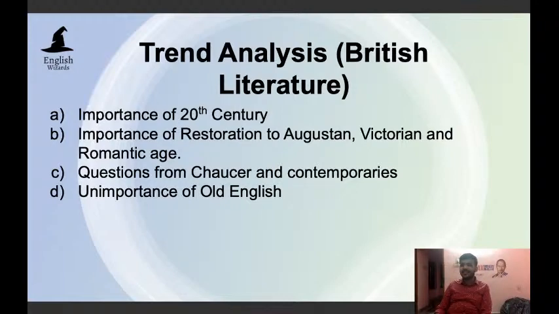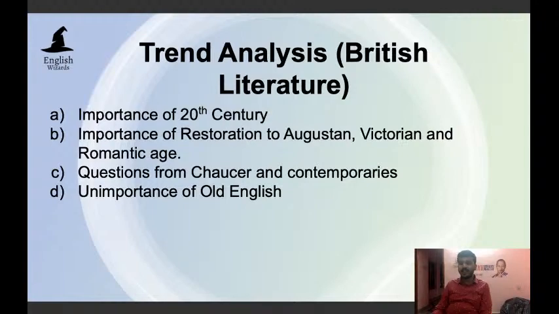Just know these names: Dunbar, Langland, Gower, and this question you have answered. The other person who is not Dunbar, Langland, or Gower is the person who is not a contemporary of Chaucer. As simple as that. These are questions you cannot miss. So, if you look at the very basic stuff about Chaucer, you will get these 2-3 questions easily.